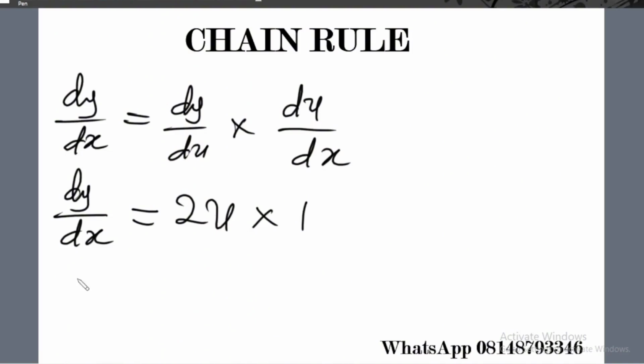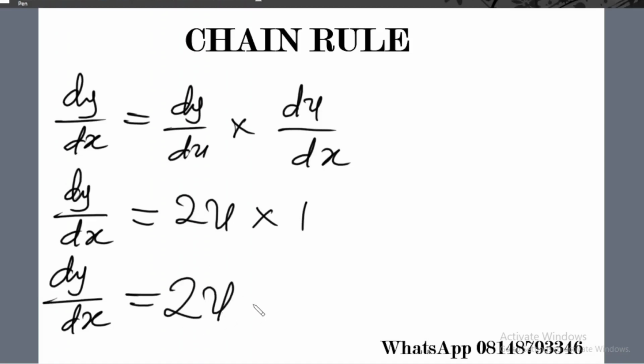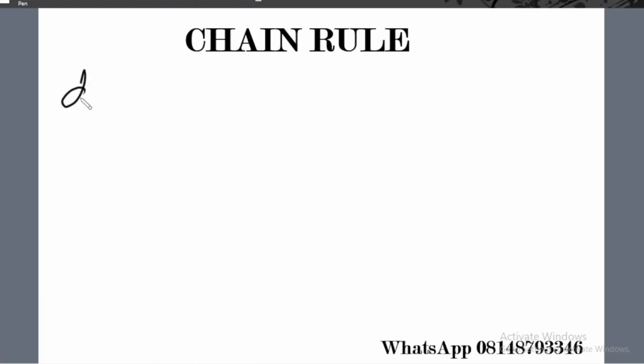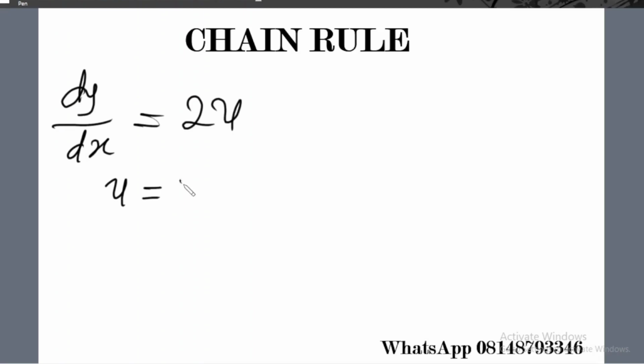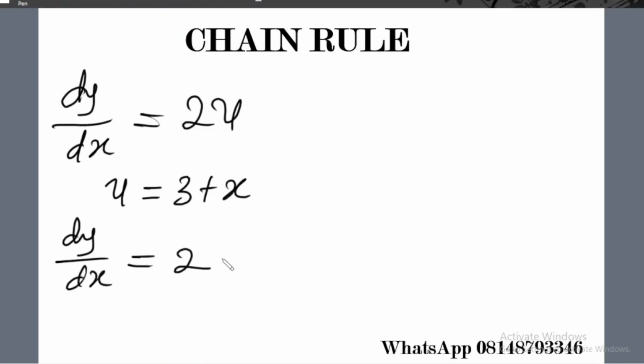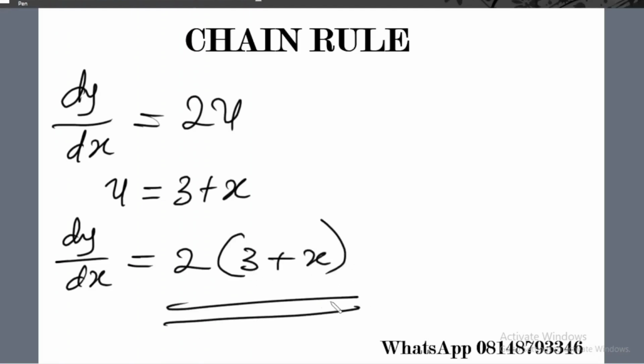So if you multiply through, dy all over dx equals 2u. Now, let's substitute the value of u. Remember, u equals 3 plus x. So dy all over dx equals 2 multiplied by (3 plus x). So this is the answer to the question.